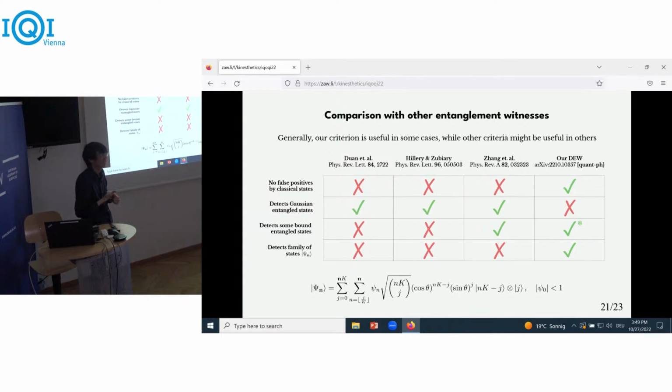So actually, I think I can formulate the question of whether pure entangled states, except for the Gaussian ones, have negative Wigner function. No. So if you have negative Wigner functions, but let's say all of them are clustered in the origin, our criteria cannot detect it. Yeah.